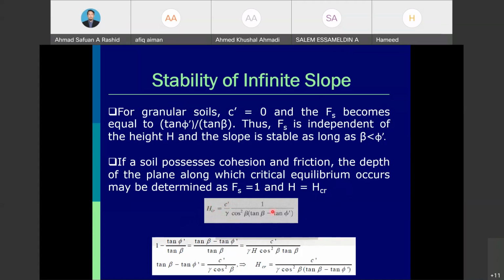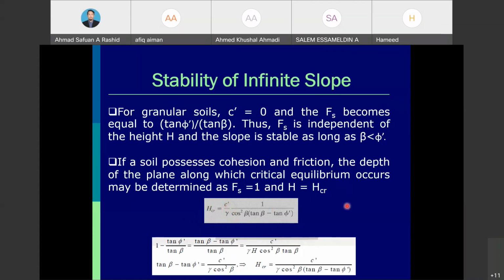Then we get the formula, where HCR is equal to C over gamma times 1 over cos square beta times tangent beta minus tangent phi.